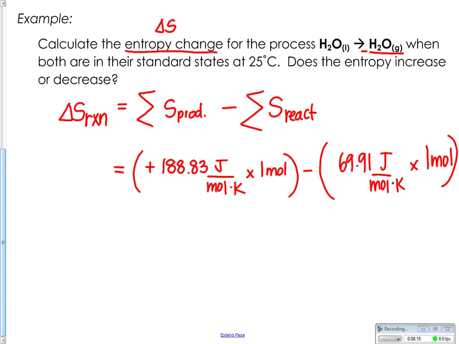Now, using your calculators, you can get an answer of positive 118.92, and the label would be in joules per Kelvin. So that is our delta S value, and that is at standard conditions. Now, the second part of the question says, does the entropy increase or decrease? Well, seeing as this is a positive value, we would say that the entropy increases.